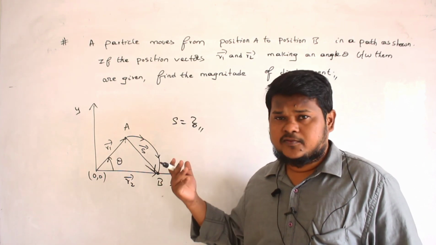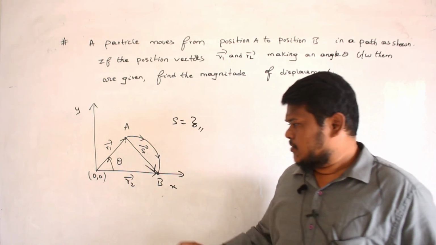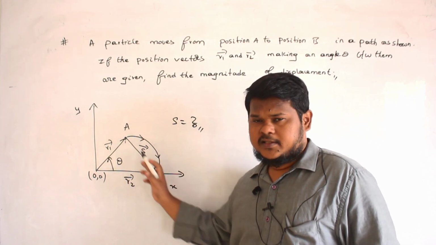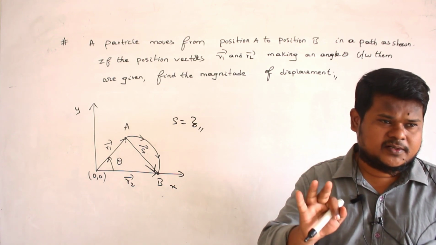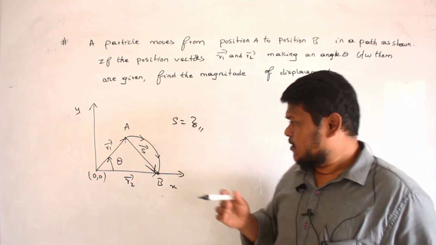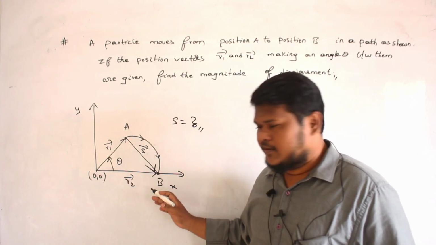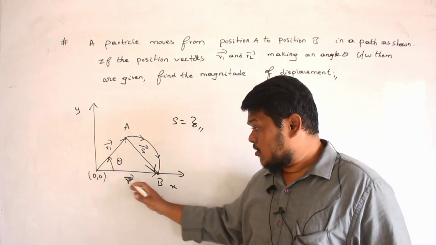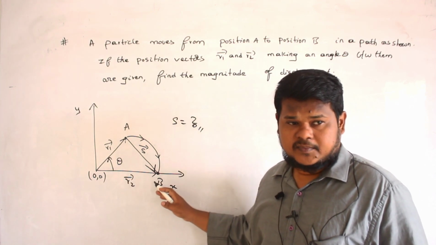And which is the resultant? I have 3 vectors: r1 dash is one vector, r2 dash is another vector, S dash is another vector. Out of these 3 vectors, which is the resultant? The resultant is from head to head and tail to tail, no? So this one is head to head and this one is tail to tail. r2 dash will be my resultant. Are you able to understand?